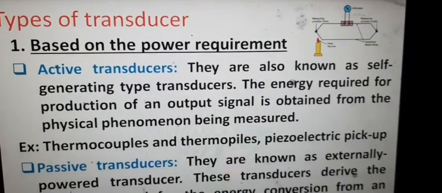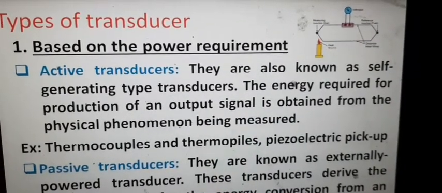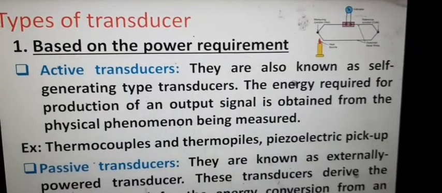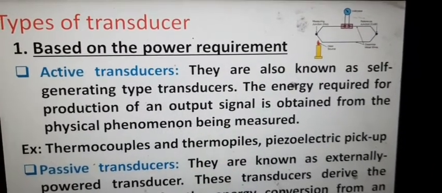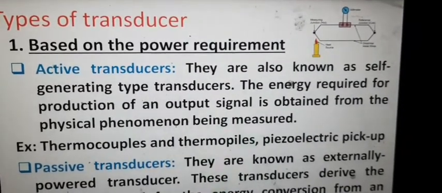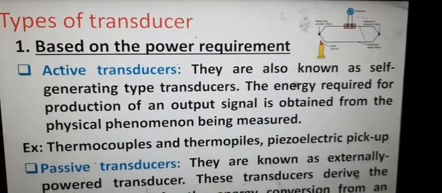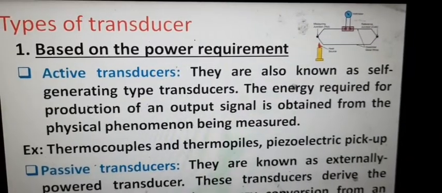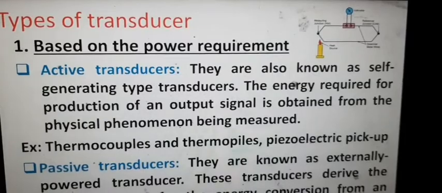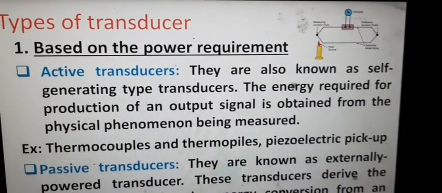That point is known as the hot junction, because at that point we are going to measure the temperature. We don't know what the temperature is, we are going to measure it at that point. And the other end we connect to a point whose temperature we already know. That is the reference junction, or we can call it the cold junction.